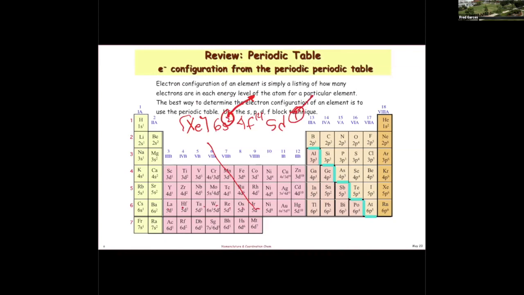This will drop to a d6, just like we did with that simplistic way of counting electrons. Count 1, 2, 3, 4, 5, 6, 7, 8, 9. 9 minus 3 because it's a plus 3, which means it's losing 3 electrons. It's a d6. So don't make it harder than that. If you do, it's up to you, but it's not that complicated.